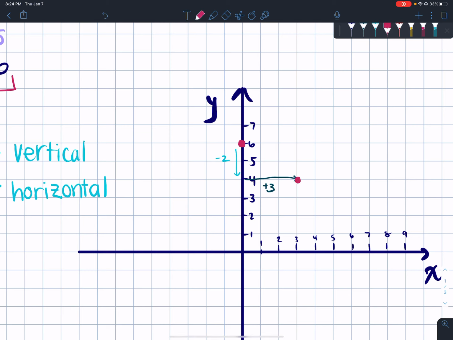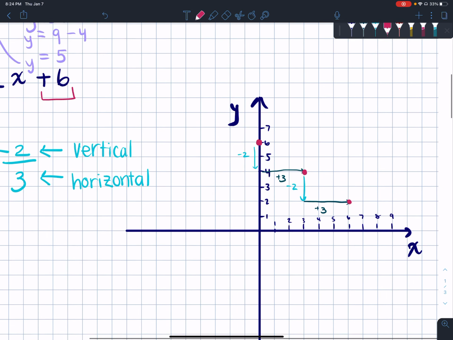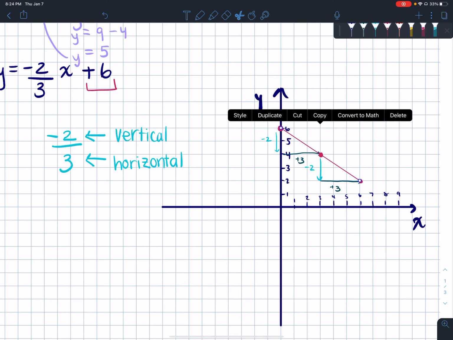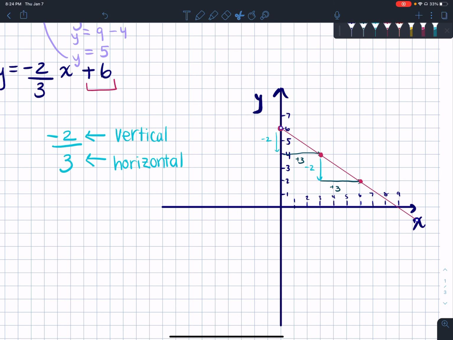Get a point here. Down by 2, and across by 3. And we get a point here. Now we have 3 points, and that's plenty of points to draw a line. So we just join all those points, extend that line until the edge of your graph in both directions. And that's that one.